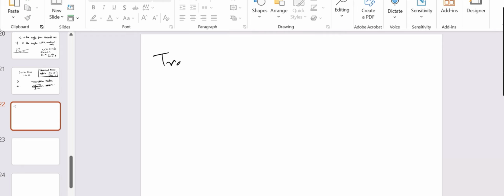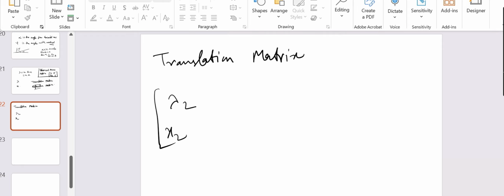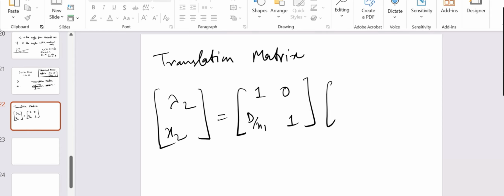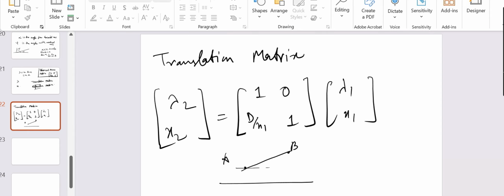So for translation matrix, basically 1 0 d by n1 1, acting on lambda 1, x1. See there are two points A and B, and this is translation without any refraction, and when translating they will make the same angle alpha.